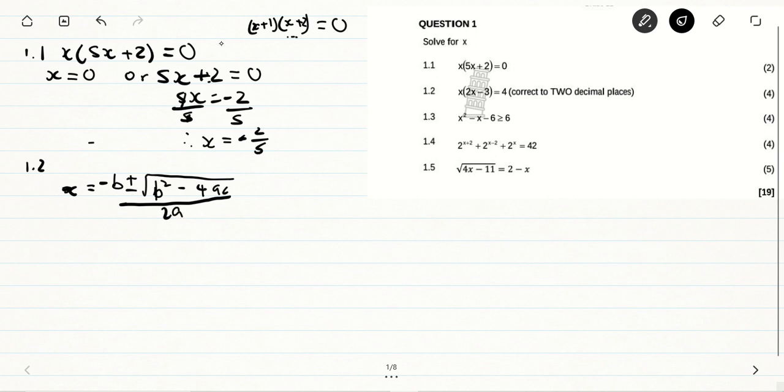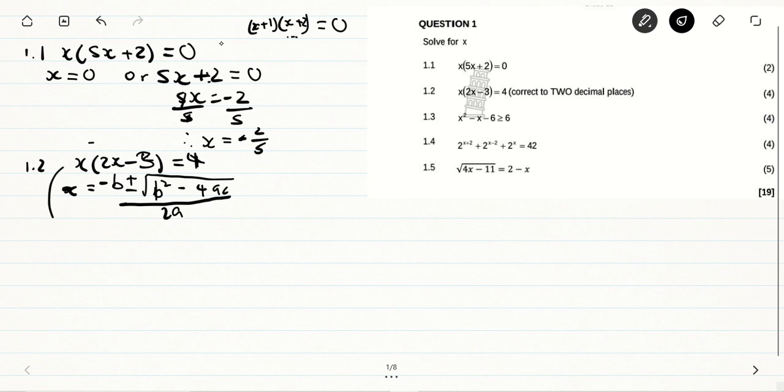And of course, let me write down what's given. We're given x multiplied by 2x minus 3 is equal to 4. Before we use this formula, we need to write this in a form in which we can use it. So we have to multiply everything out so that it exhibits a quadratic expression.